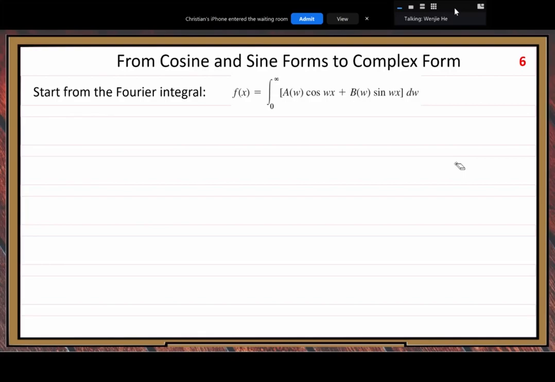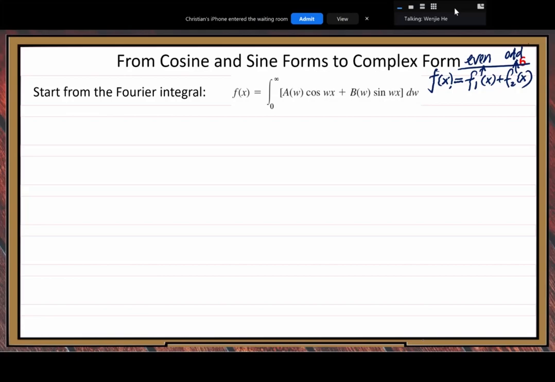But even so, here we have an arbitrary function, f of x. Now we want to decompose it into f1 of x plus f2 of x, where f1 we want to make even and f2 we want to make odd.